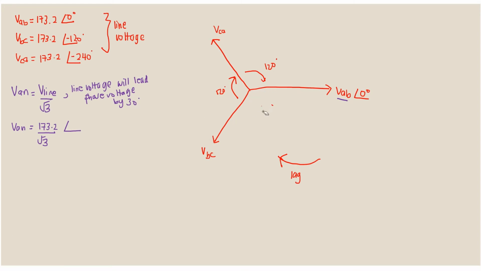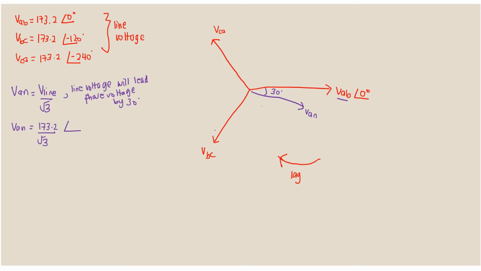Let's erase this part, because by now all of you know there are 120 degrees displaced between each other. Let's draw the line voltage. The phase voltage VAN is 30 degrees from the line voltage. It leads, so the line voltage has to appear first, before VAN.